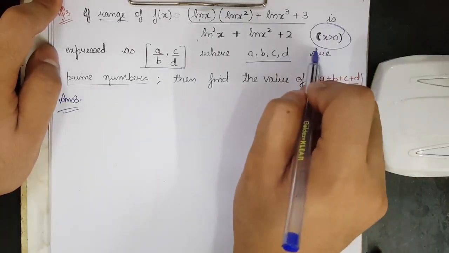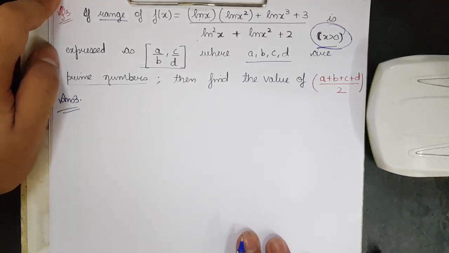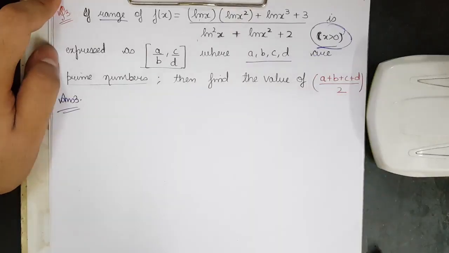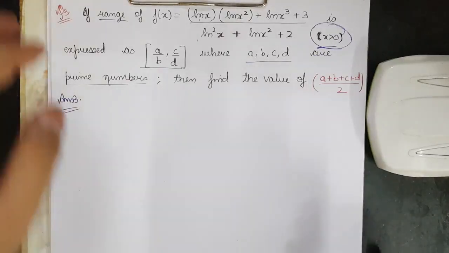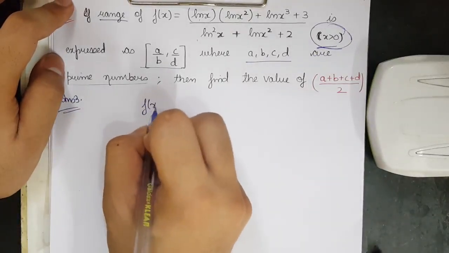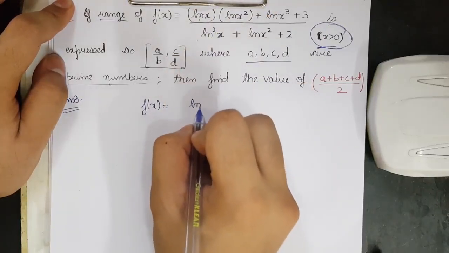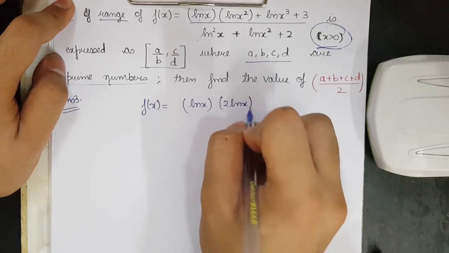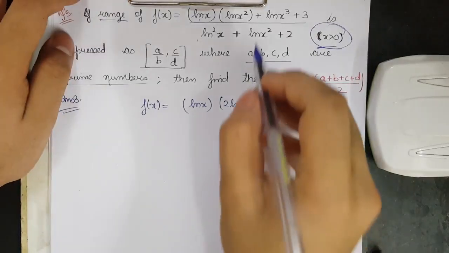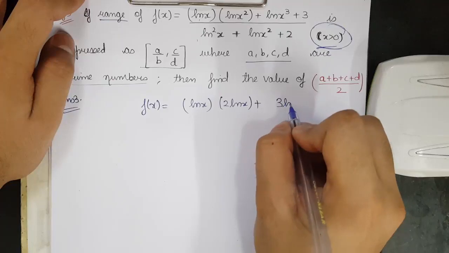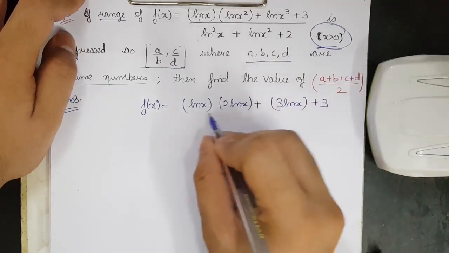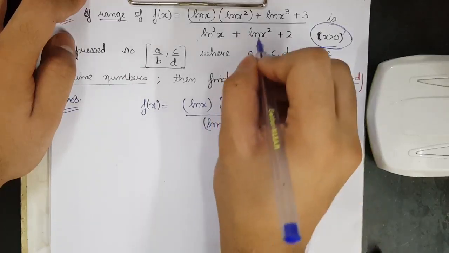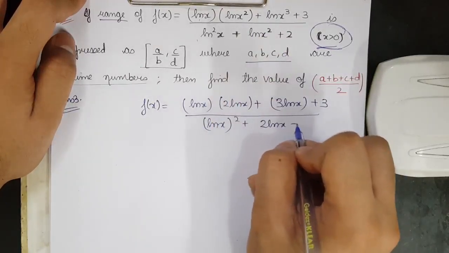Here we have been given that x is greater than 0. This is once again a very important condition which should be known to you, that x has to be greater than 0. So let us see to it. First of all, we have f of x. ln x into ln x square can be written as 2 ln x, plus ln x cube can be written as 3 ln x, plus 3, upon ln x whole square, plus 2 ln x, plus 2.